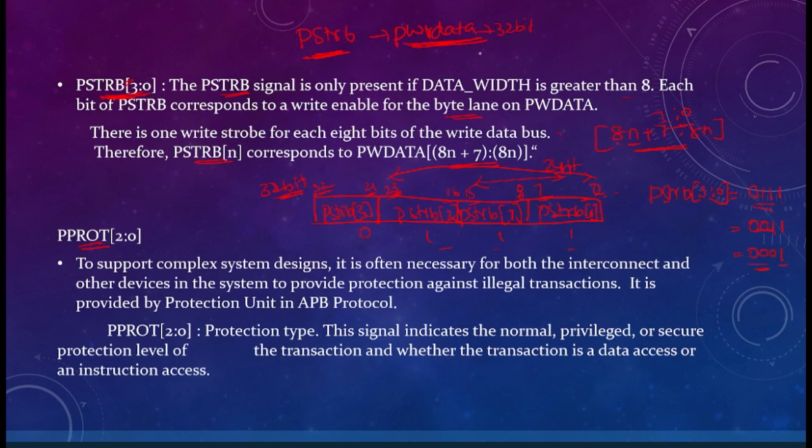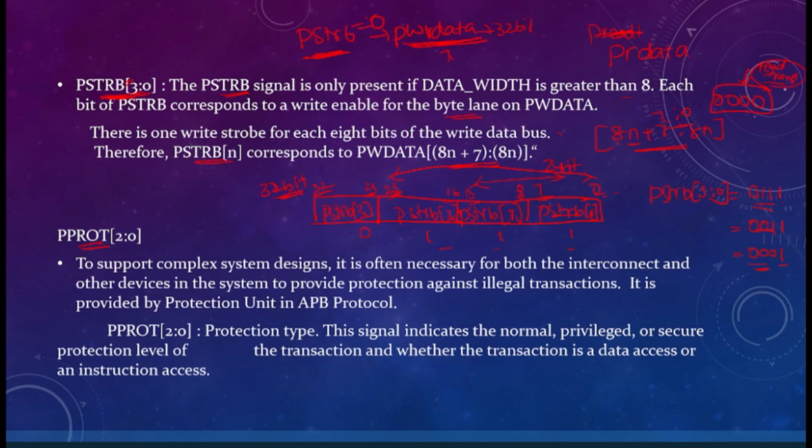Now, as I told you, PSTRB is only for write data. So when a read transfer takes place, that means when PRDATA is being done, the PSTRB values will be 0. If the PSTRB values are all 0, then you should understand that a read transfer is taking place, instead of a write transfer.